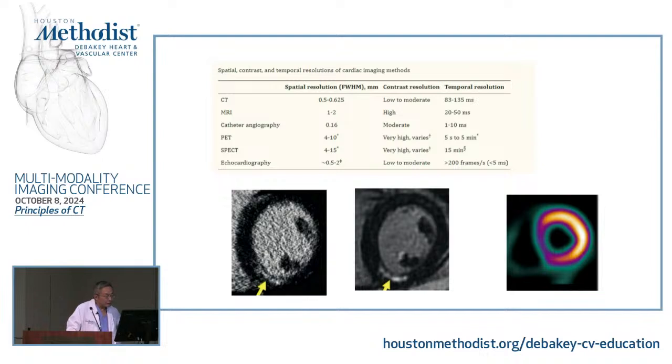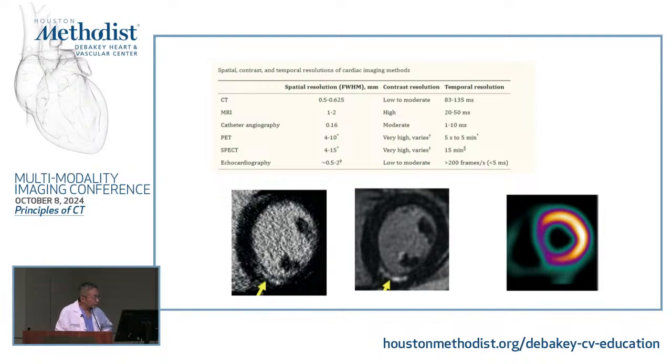So, not surprisingly, CT has the best spatial resolution, but has reasonable contrast resolution, and temporal resolution is the worst. Okay? MRI has not so good spatial resolution, but very good contrast. You can see clearly the difference, right? This is myocardium, this is cavity, and here you kind of don't know what that is, right? So this is CT images.